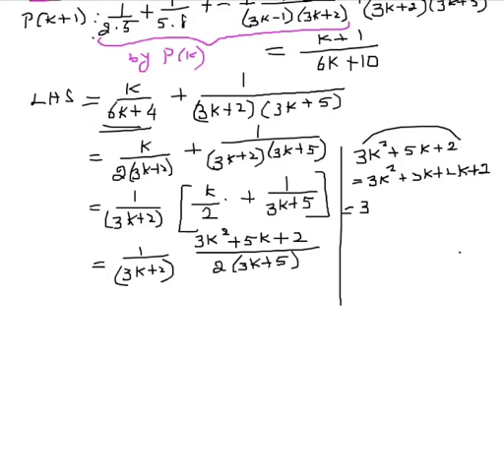From the first two terms, 3k is common. And from the last two terms, 2 is common. Therefore, the factors are k plus 1 is one factor, 3k plus 2 is the other factor.